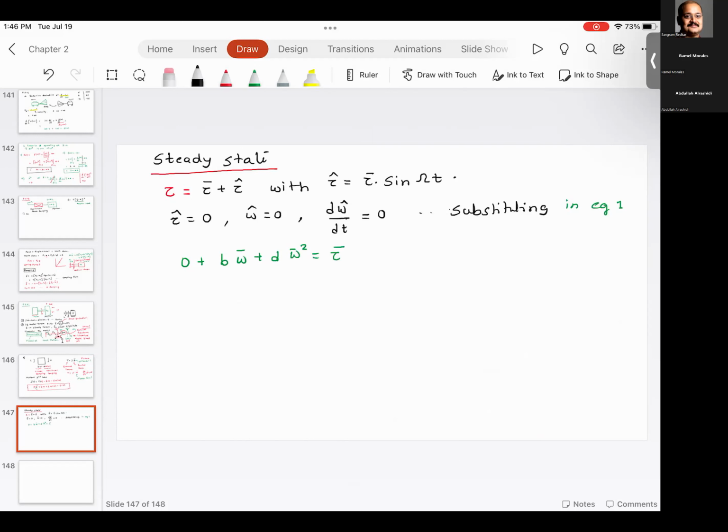With this, we can solve d omega bar square plus b omega bar minus tau is equal to 0. This is a quadratic equation.